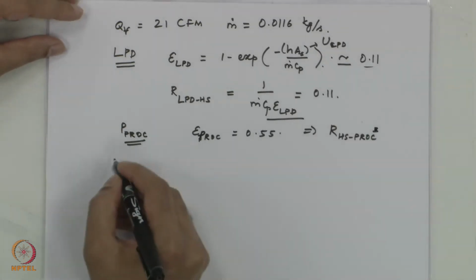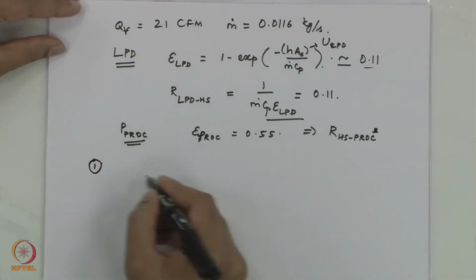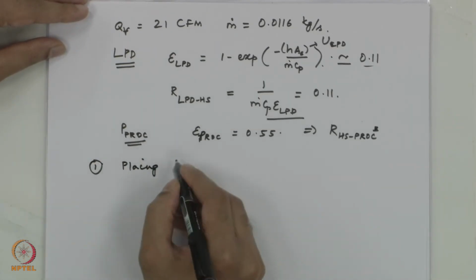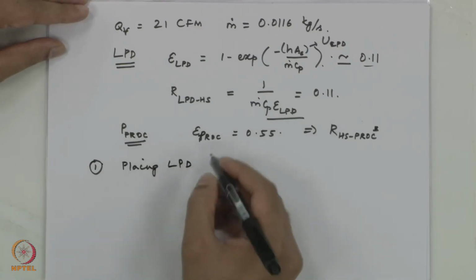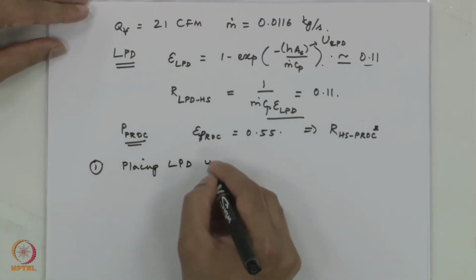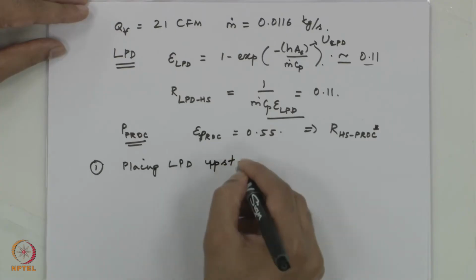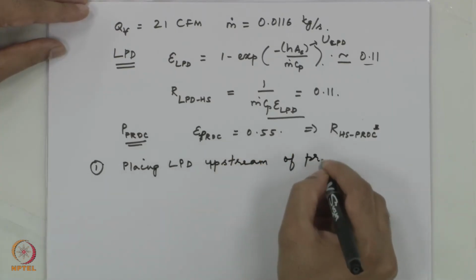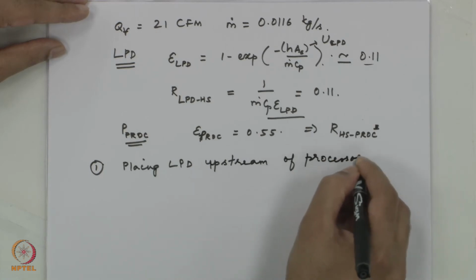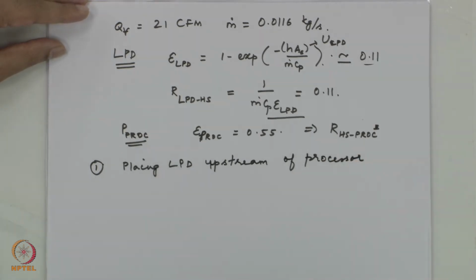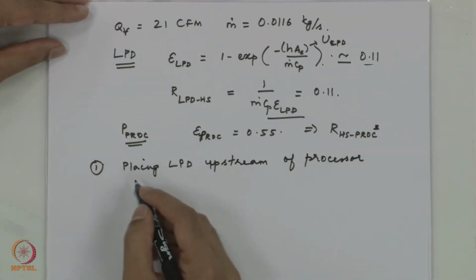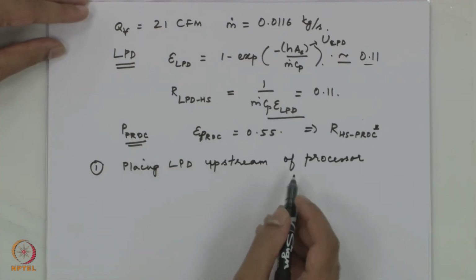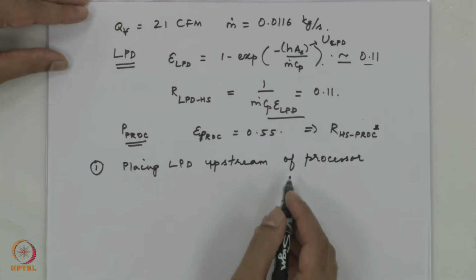So, first let us look at situation 1, which is placing the low power device upstream of the processor. If we want to keep the low power device upstream of the processor, then there is no preheating coming into the low power device.